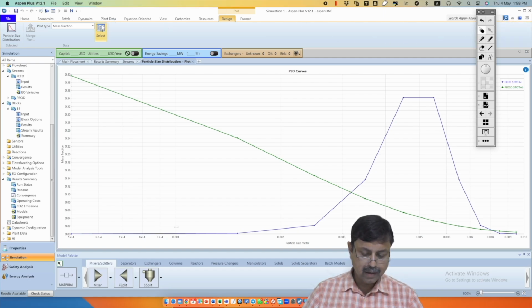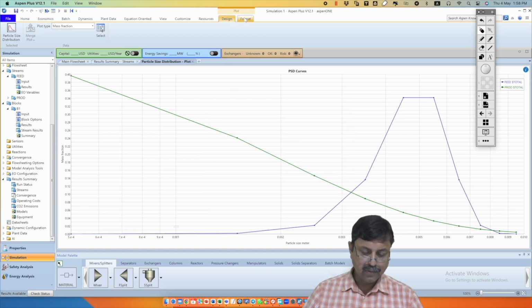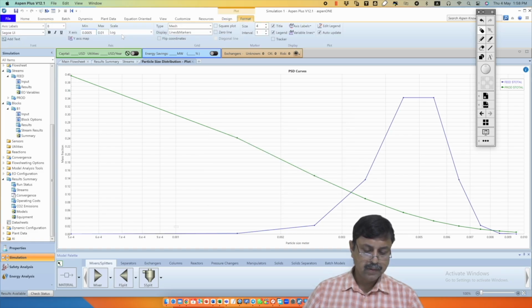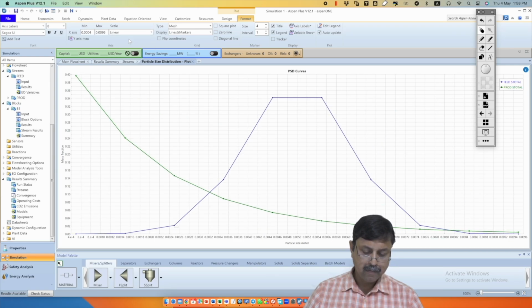linear scale. So for that you have to change its format, from logarithmic to linear. And minimum, instead of 0.0004, you can place 0.